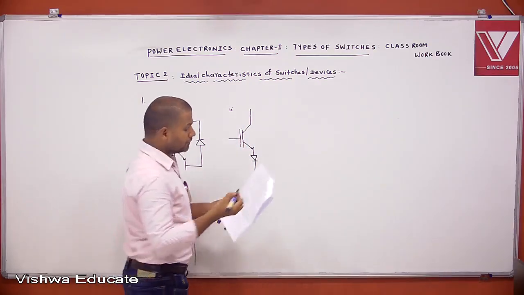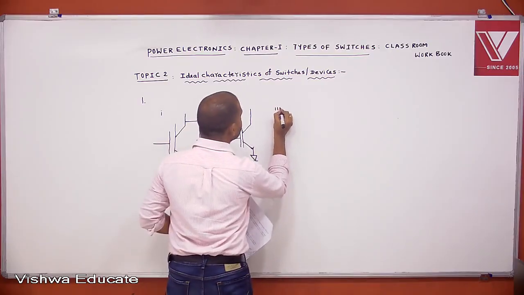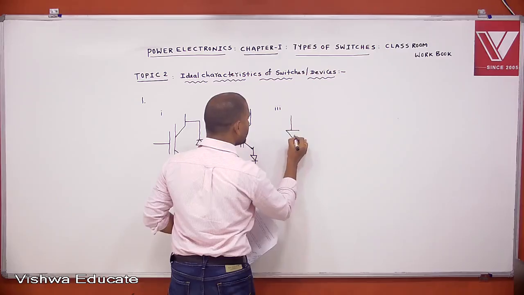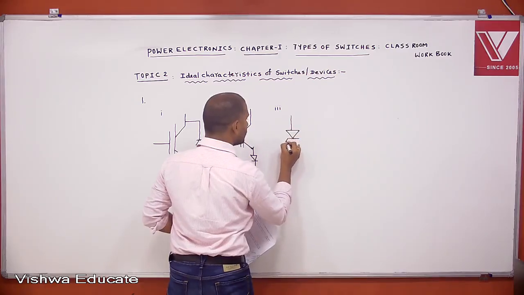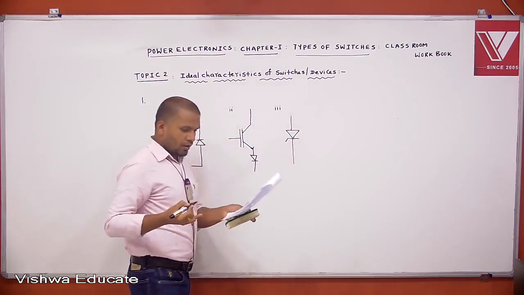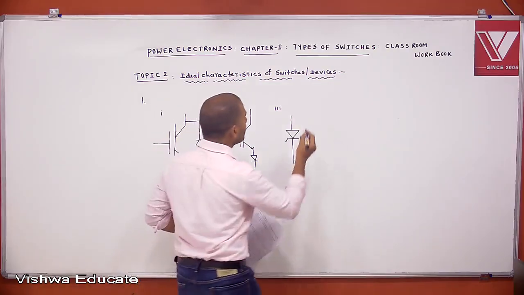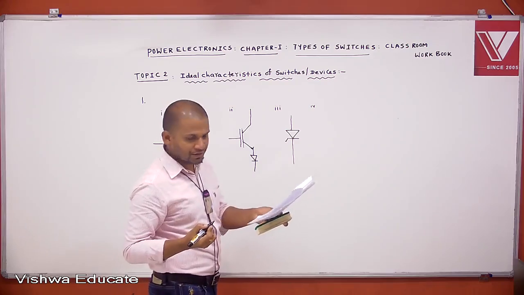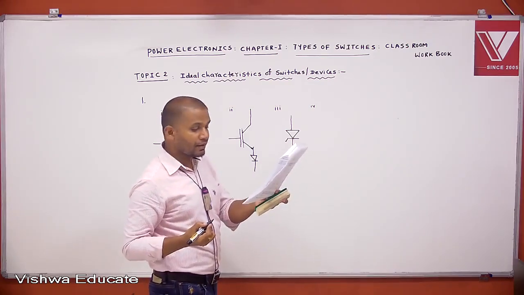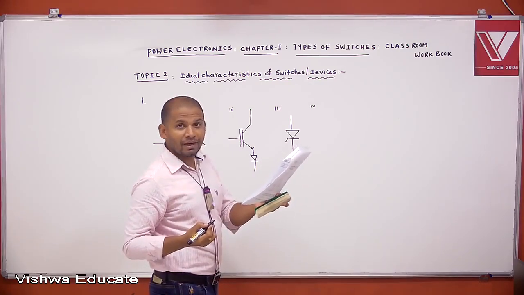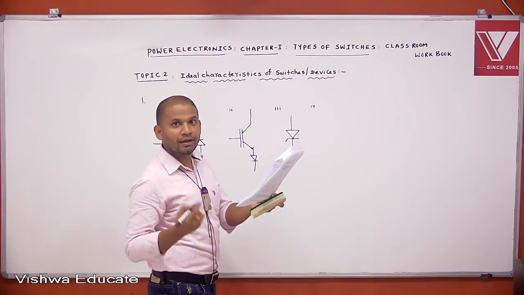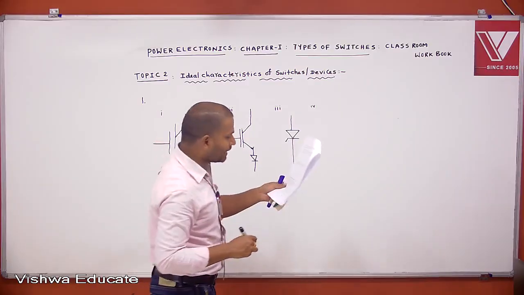The third one is given as a thyristor. The fourth one, which device is it? What is the name of that device? Yes, a thyristor with anti-parallel diode, which is equivalent to an RCT, reverse conducting thyristor.